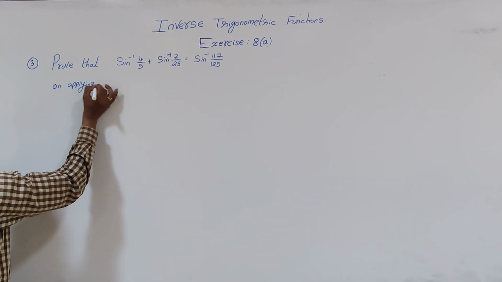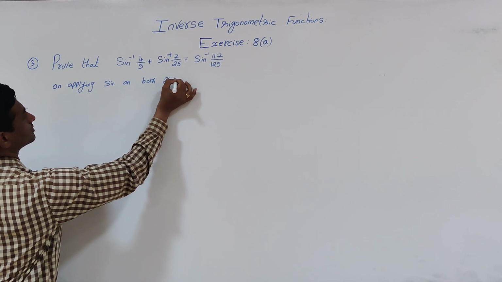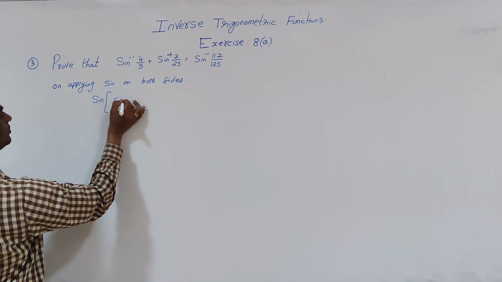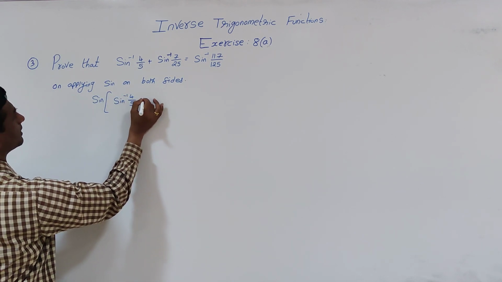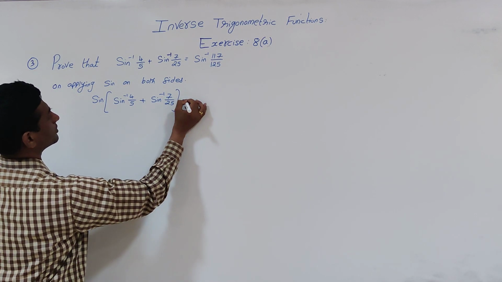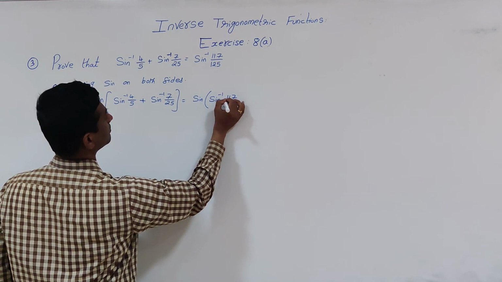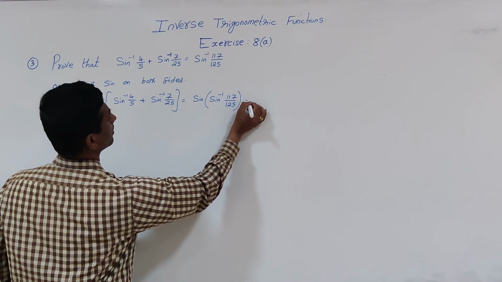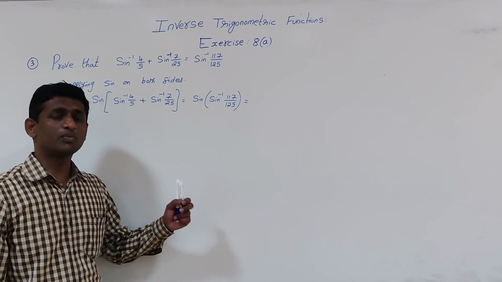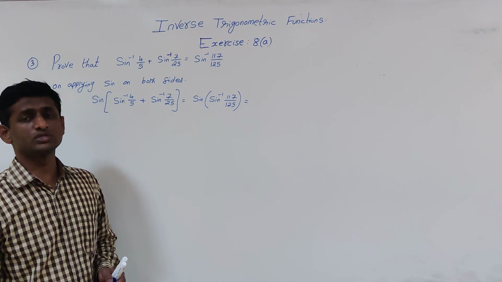applying sin on both sides, what happens? Sin of (sin inverse 4 by 5 plus sin inverse 7 by 25) is equal to sin of sin inverse 117 by 125. But it is in the form of sin of sin inverse of x. So we have a property: sin of sin inverse of x is x if x belongs to the closed interval minus 1 comma 1.